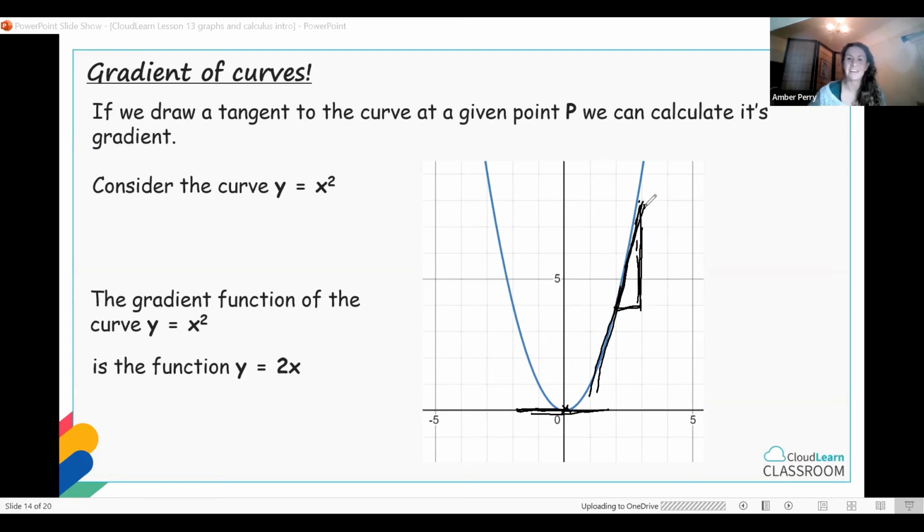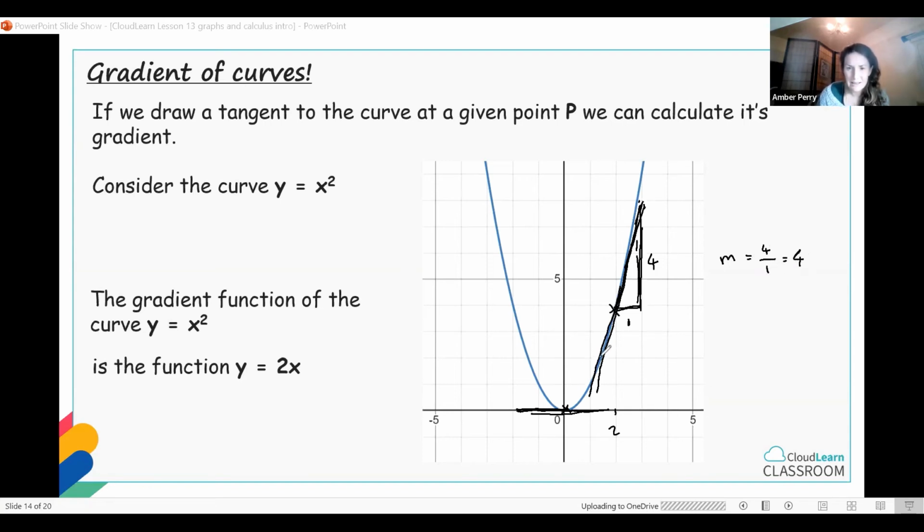And that straight line, the triangle will have the difference in x will be 1 there, and the difference in y will be 4 there, okay? So this straight line here, the gradient at the point where x is, you can see x is 2 there, is going to be 4/1, which is 4, okay?